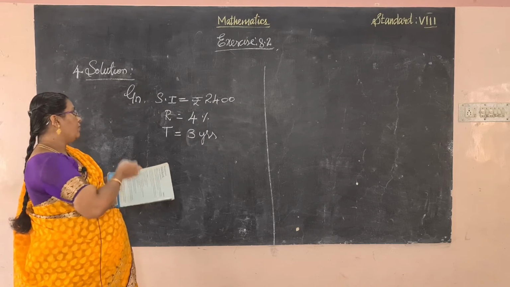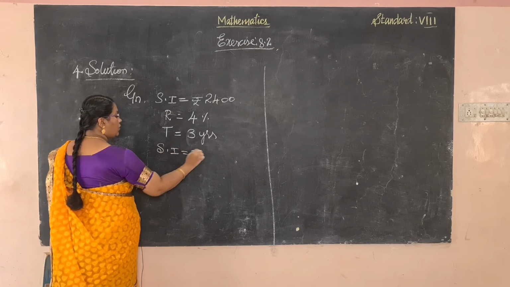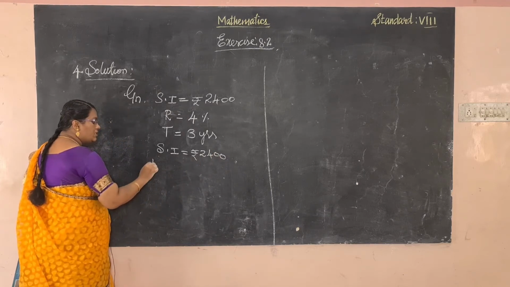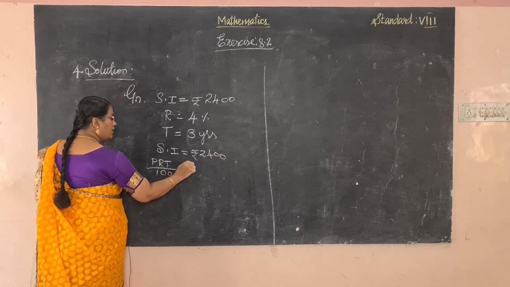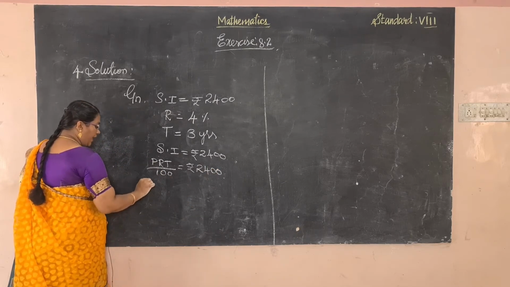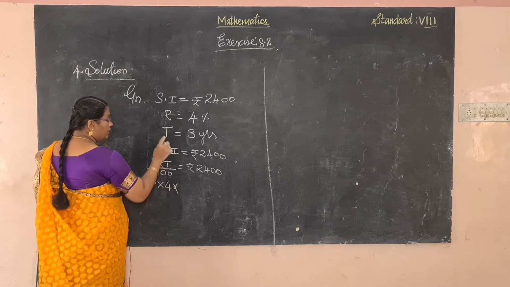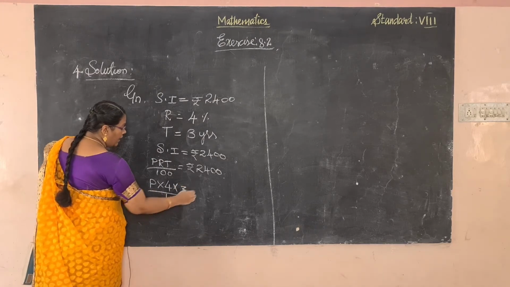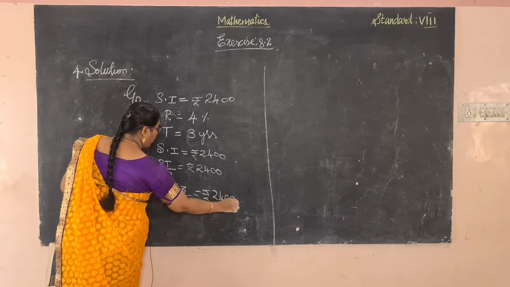Simple interest is equal to rupees 2,400. What is the formula for simple interest? PRT by 100 equal to rupees 2,400. Do you know the value of P? So P into rate of interest 4% into number of years 3 by 100 equal to rupees 2,400.